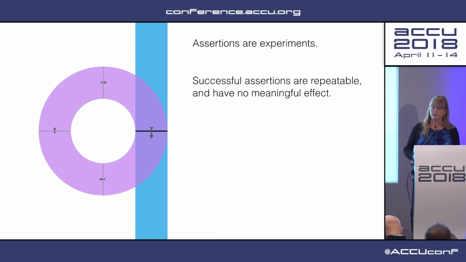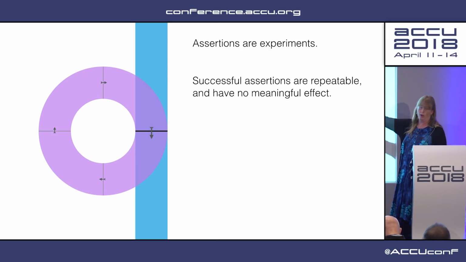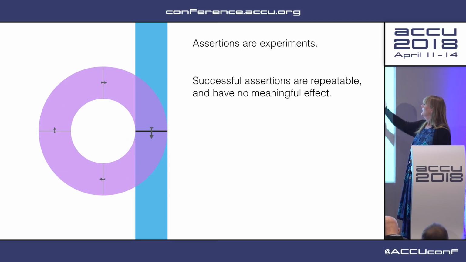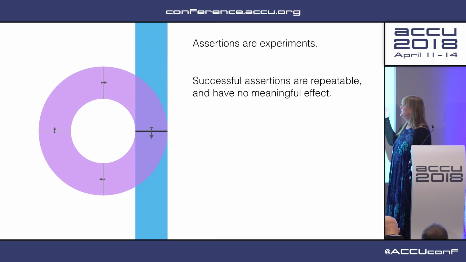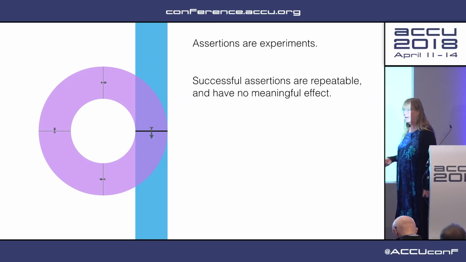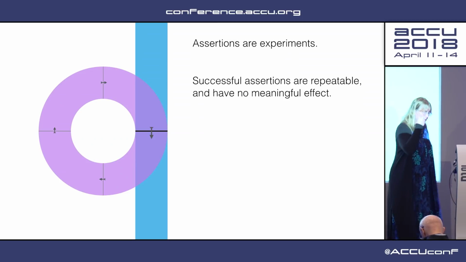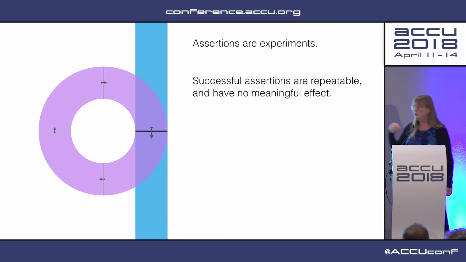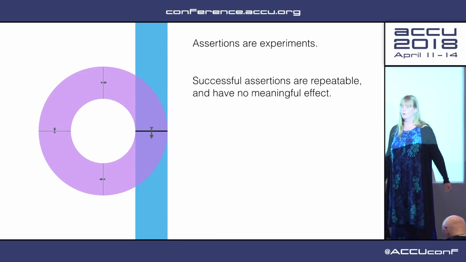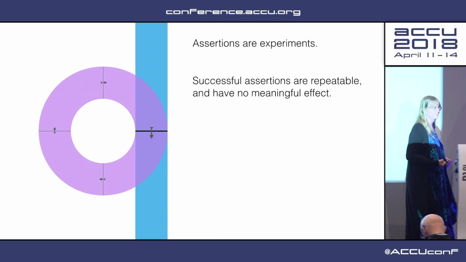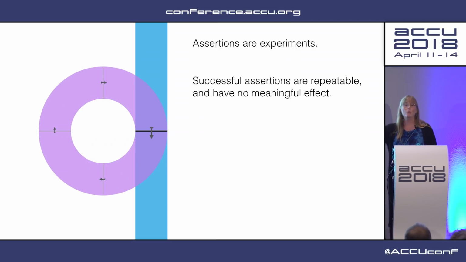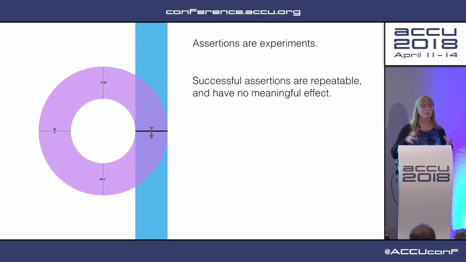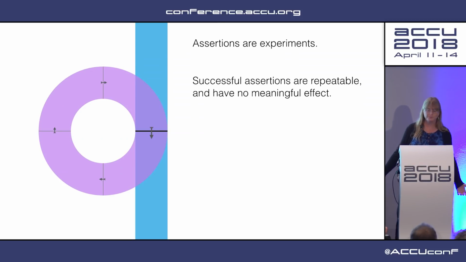And I write an assertion this way, or I draw an assertion this way, because successful assertions are repeatable and have no meaningful effect. If we test an assertion and it succeeds once, it should succeed over and over and over, no matter how many times we test it. And it should succeed in the same way. There should be no change to how it runs from one test to another.